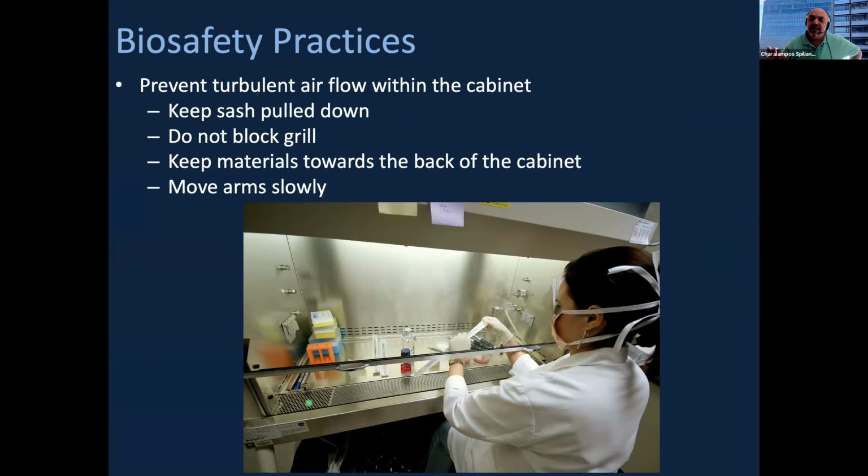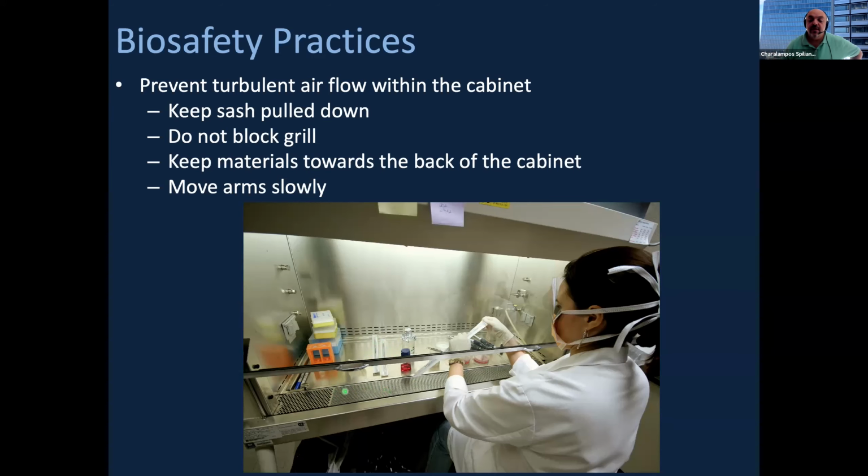A few more things when we work, Petros, I think, mentioned a lot, especially for the fume hoods, but I'm going to say a few more things about the biosafety cabinets. As Petros said, because there are filters and special waves of air within the biosafety cabinet, the sash should be pulled down, leaving minimal space so that we can put in either equipment or our hands.